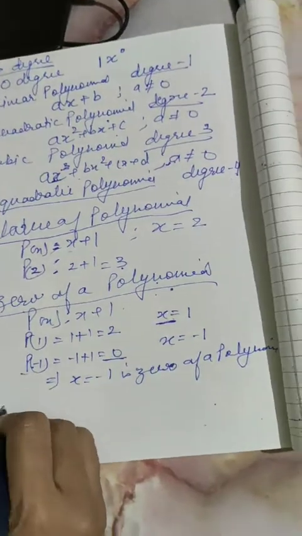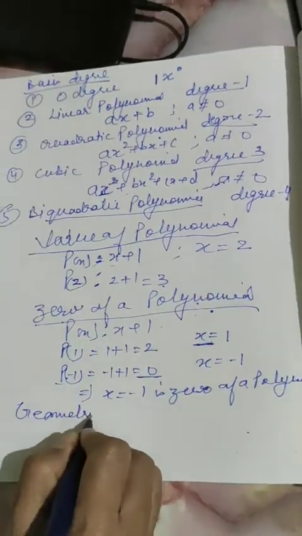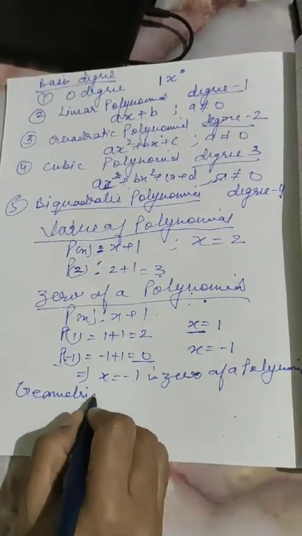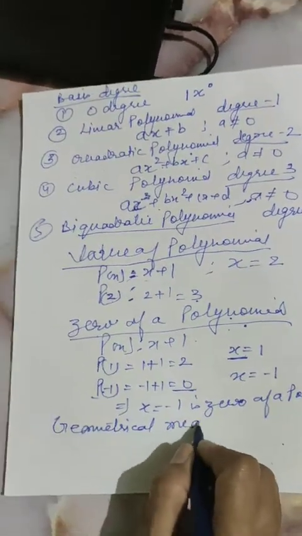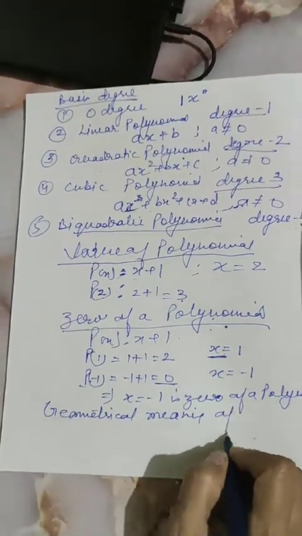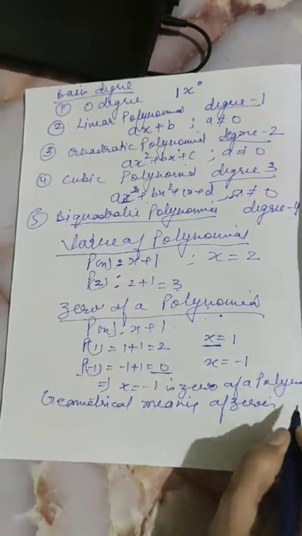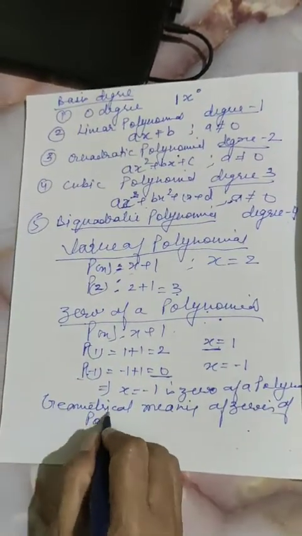Now let's understand the geometrical meaning of zeros of a polynomial.